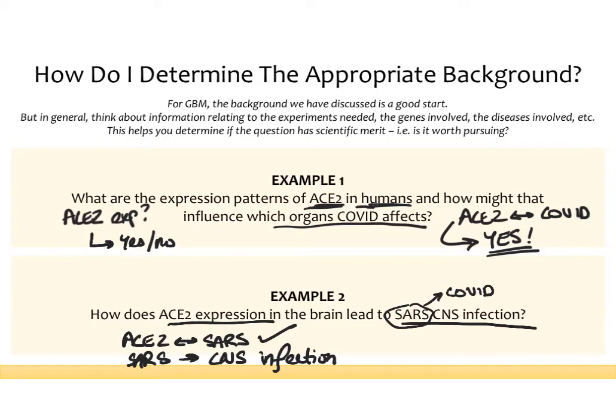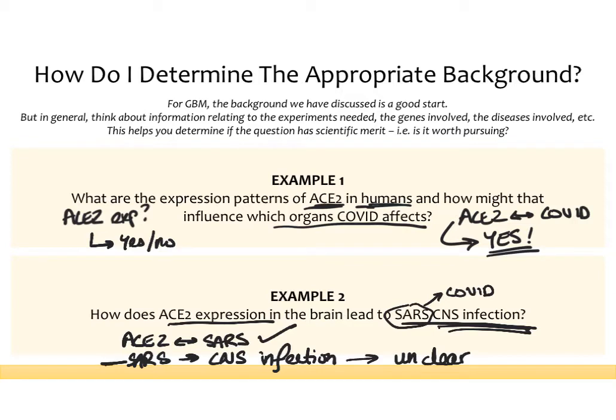Another thing that this question assumes is that SARS can somehow cause a CNS infection. And this is unclear. Perhaps it does, but there's no real clinical data that says that SARS directly goes in and creates neurological symptoms. It's mostly a disease of the lungs, just like COVID is. And so it would be hard to draw a conclusion about how ACE2 causes CNS infections when SARS doesn't actually cause CNS infections, right?